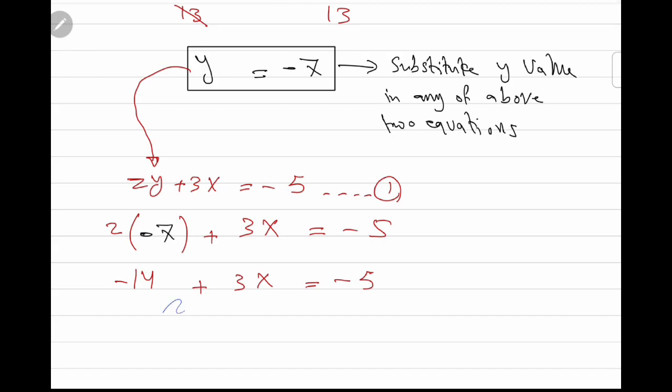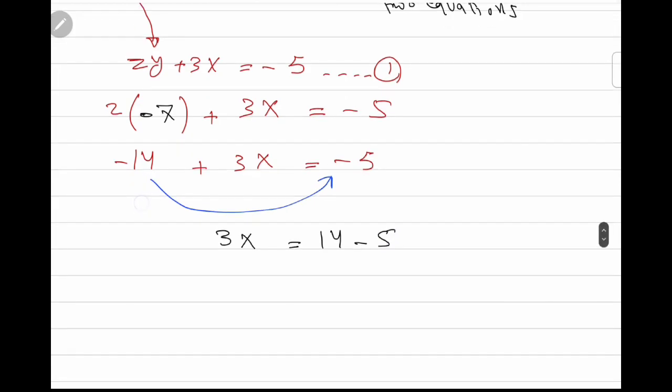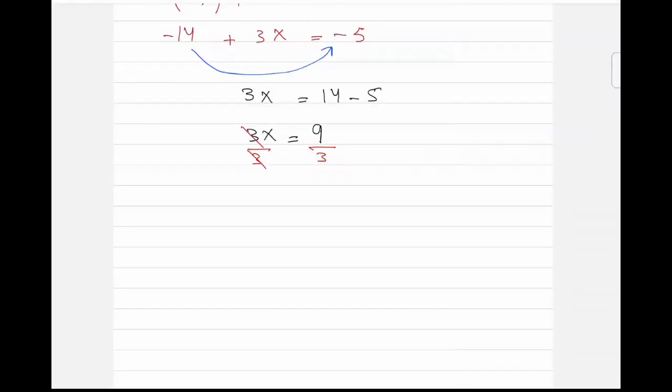And then I can bring this to the other side, and I will get 3x equal to 14 becomes positive, minus 5. So 3x equal to 14 minus 5, which is 9. Now divide by 3, both sides, to get rid of the 3. Then we have x equal to 3.